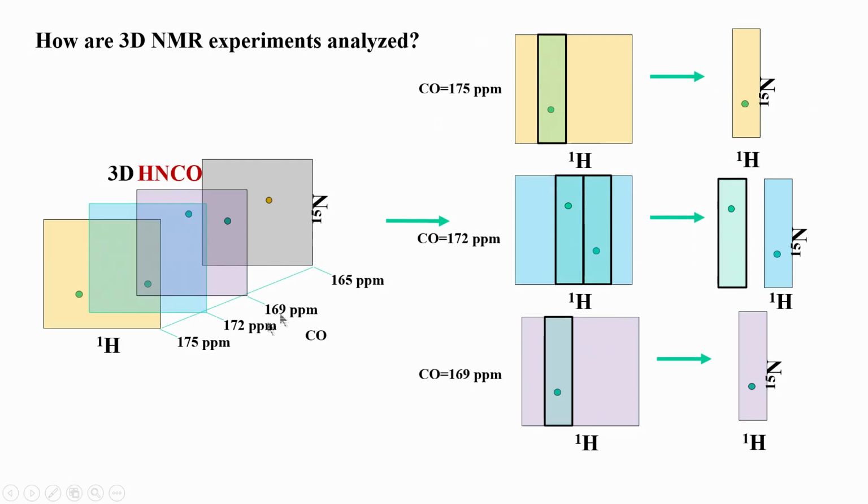For example, let us analyze the 172 ppm plane, meaning slice, where we had 2 peaks, this green and this blue here. These are coming in the same plane, and their protons are different. So, if I draw a strip of some size, I can choose the width of the strip whatever I want, I can now represent those 2 peaks in 2 different strips.